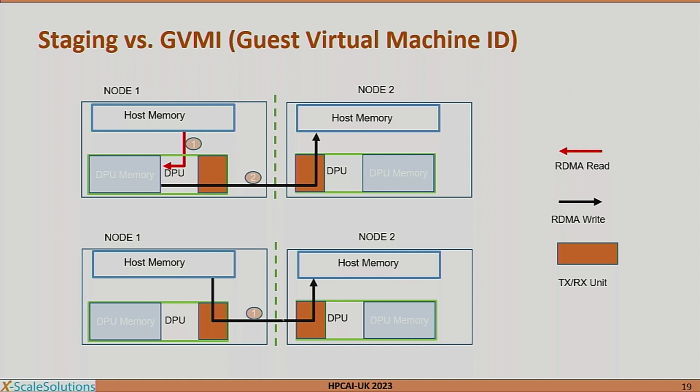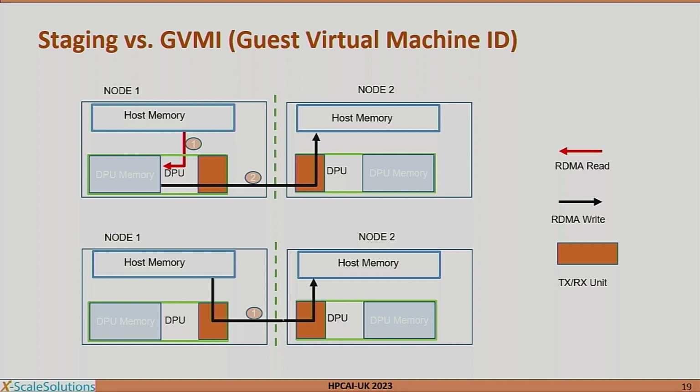Now, if you take a look at this, node 1, node 2, this is the host memory. Of course, the question is, how do I communicate? A few years ago, until last year, NVIDIA introduced this, saying I can do an RDMA read to DPU memory and do an RDMA write. But then you do a copy, and the performance was not good. Last year, they introduced something new called GVMI, Guest Virtual Machine ID, so that you can provide a key to the DPU.